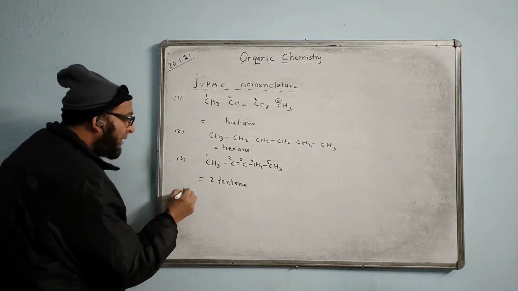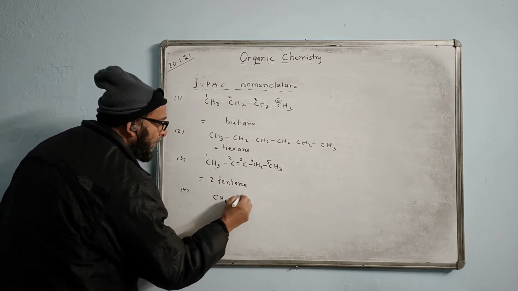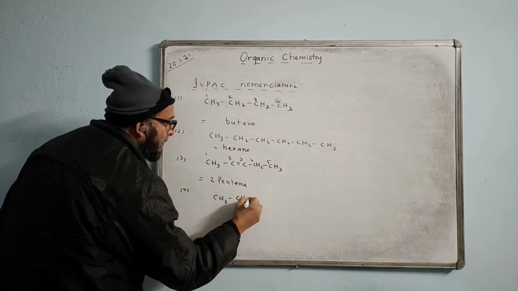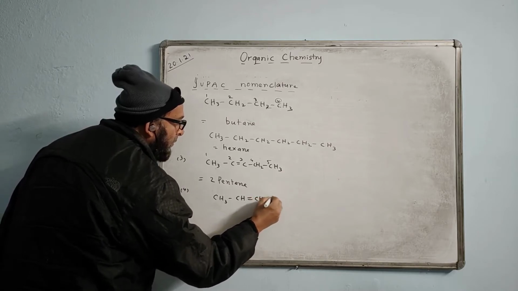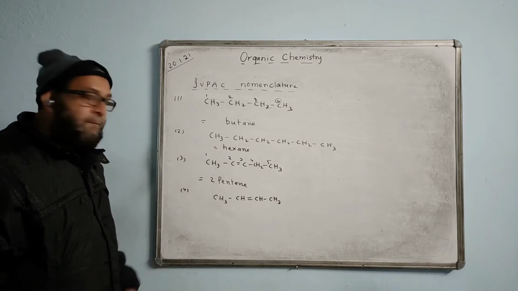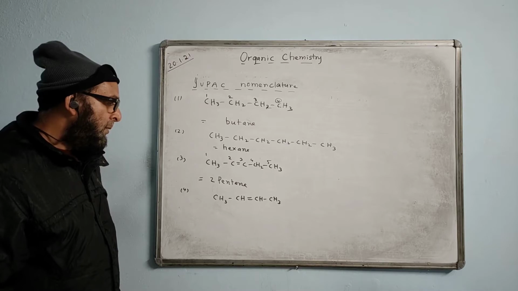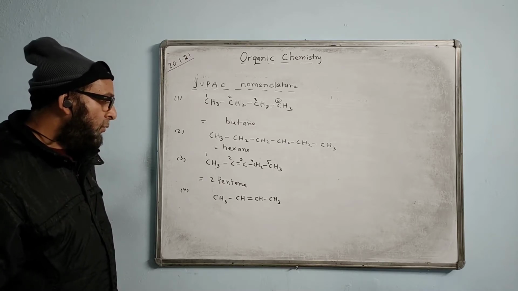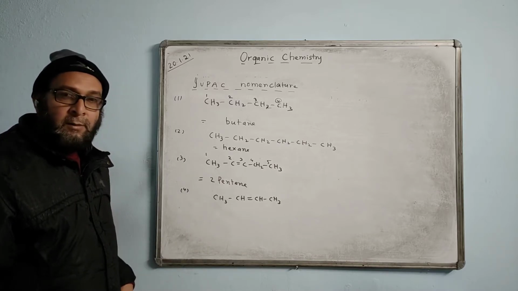Okay, I give another one. Just try out and tell me the name. Give the name of this. Here 2 butene, 4 carbons, 1, 2, 3, 4 carbons are there.